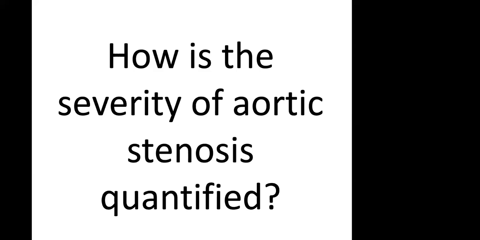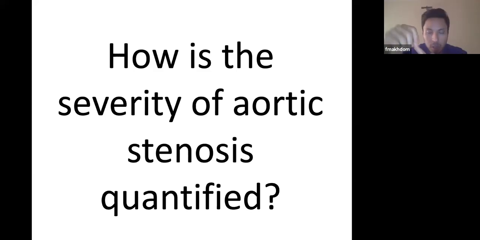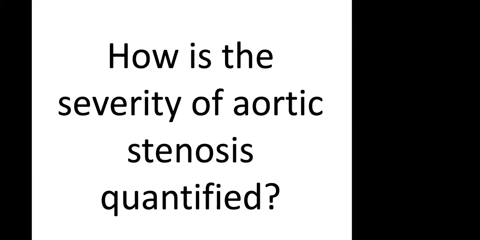Is it rheumatic? Is it senile degenerative calcification that leads to this pathology? Okay. And the echo velocity. So area, gradient, pressure half time, and sometimes you can depend on the calcium score.